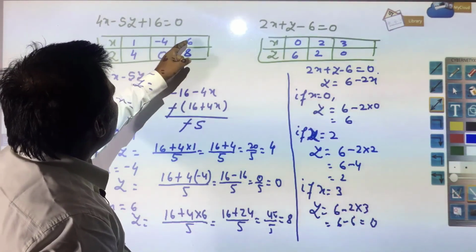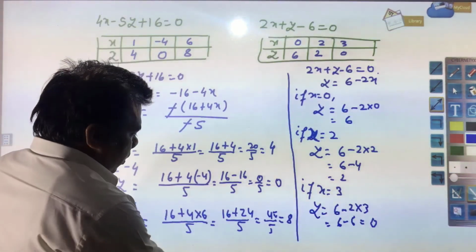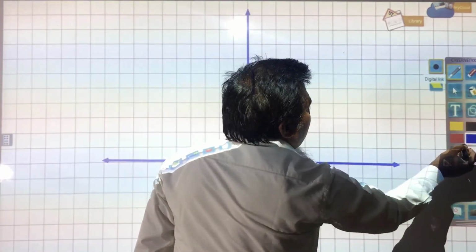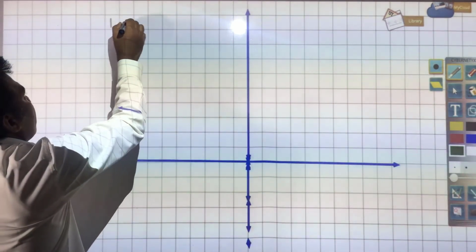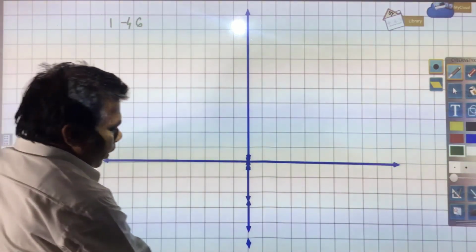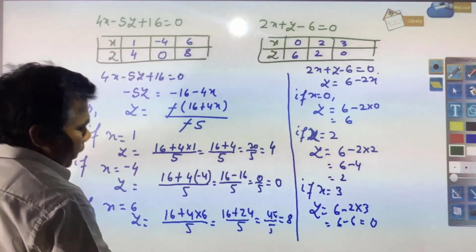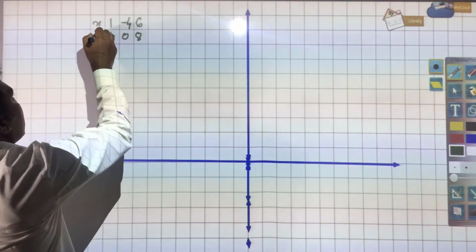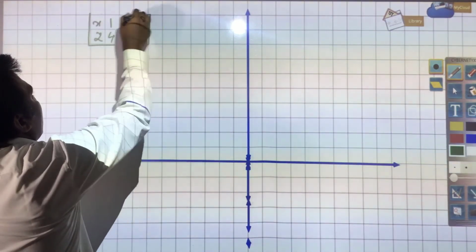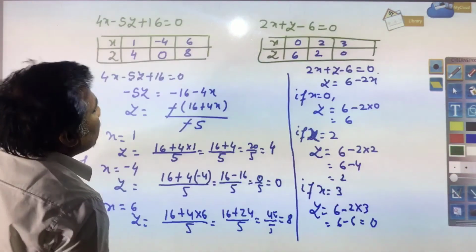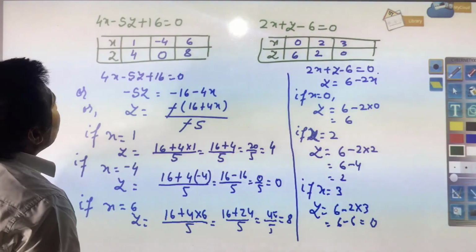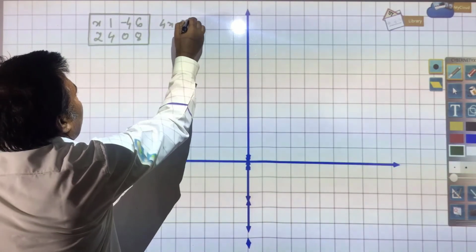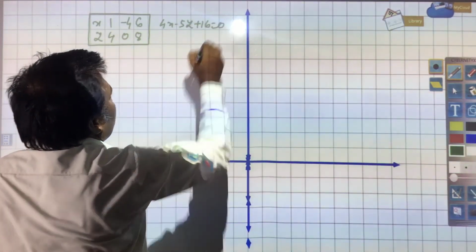The value of x you have 1, minus 4 and 6, and the value of y you have 4, 0 and 8. This is x, this is y, and this is for equation 4x minus 5y plus 16 is equal to 0.